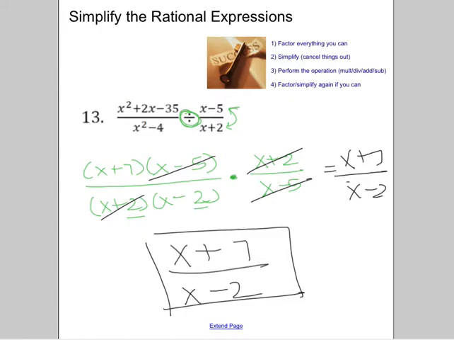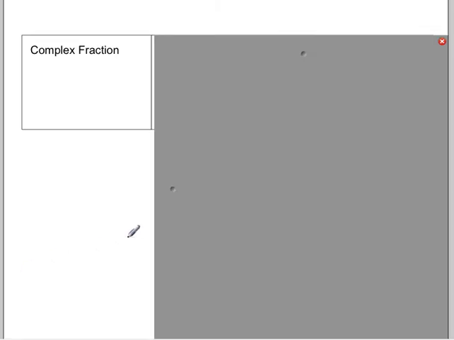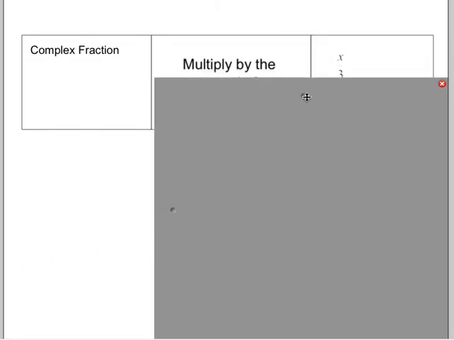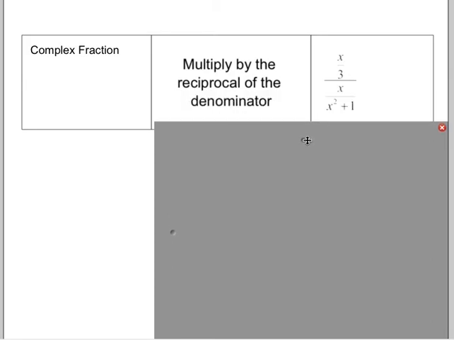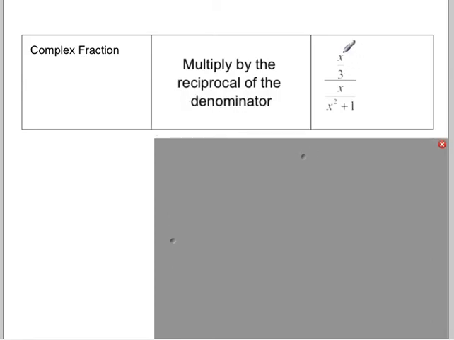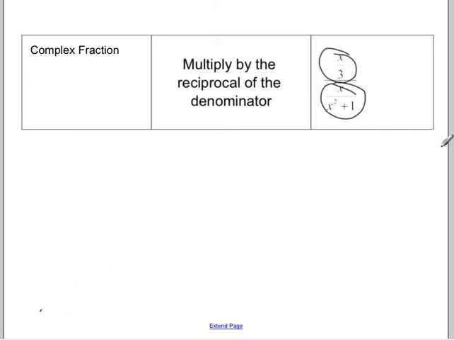Okay, number 14, or before we do that, we need to look at what is a complex fraction. So that is when a fraction is inside of a fraction. Okay, so notice how we have a fraction being divided by another fraction. So in order to solve this problem, it's the same thing. It's really a fraction divided by a fraction. What did we do before? We multiplied by the reciprocal. So we're going to do the same thing in this case.